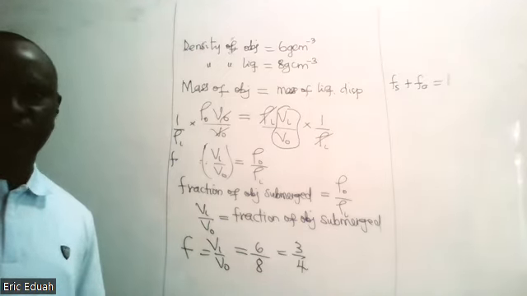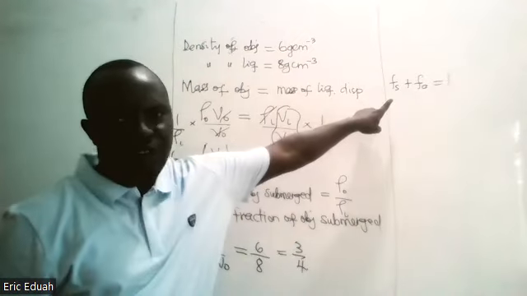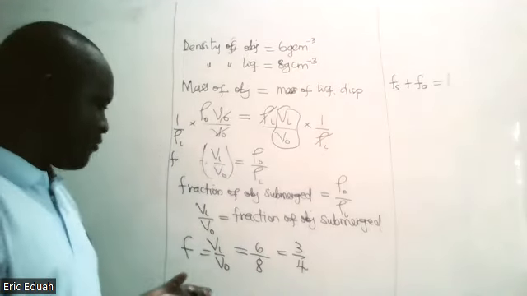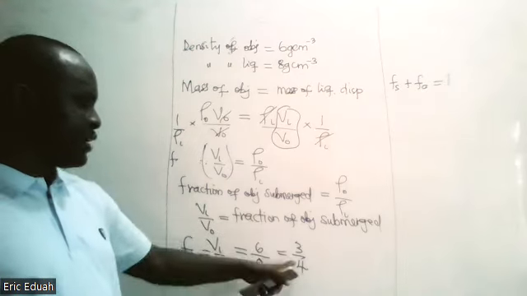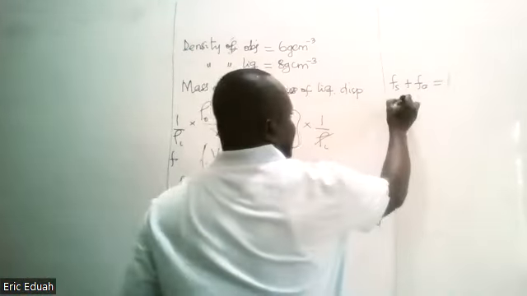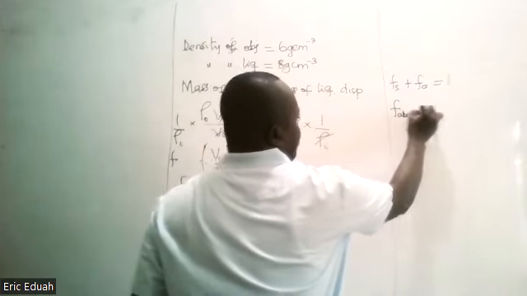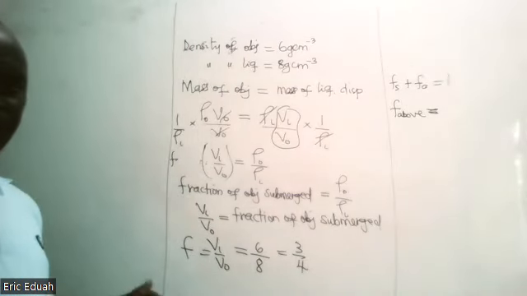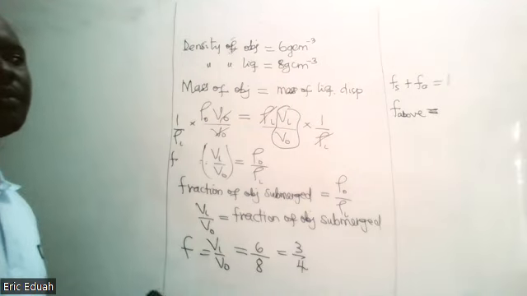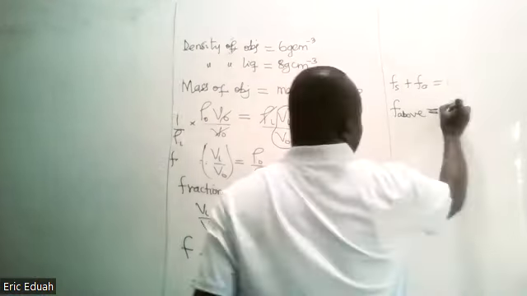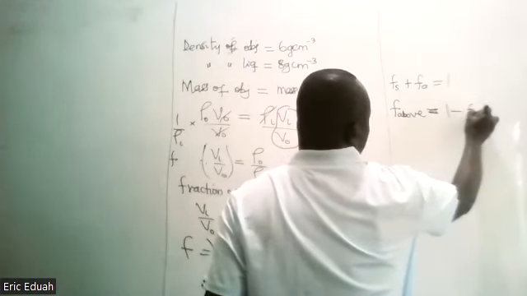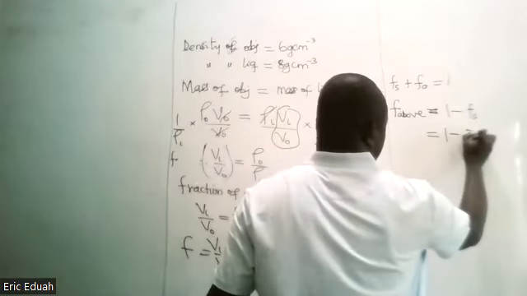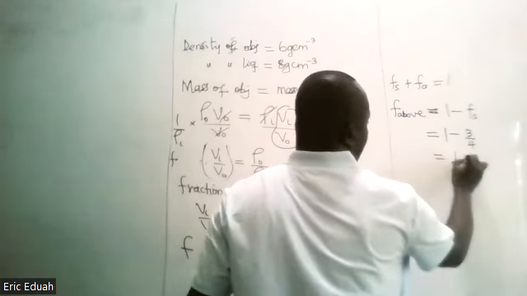So if the fraction of the object submerged is 3 over 4, what will be the fraction of the object above? It is 1 minus the fraction submerged, which is 1 minus 3 over 4, and this will be 1 over 4.